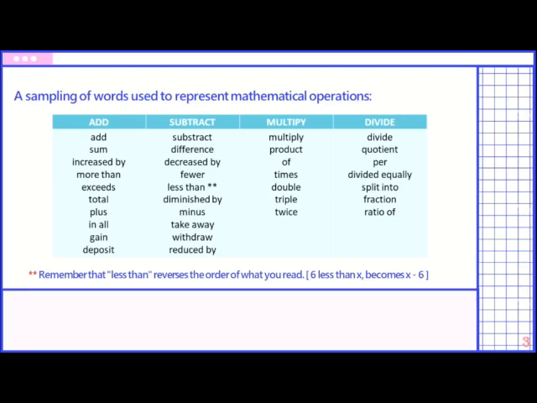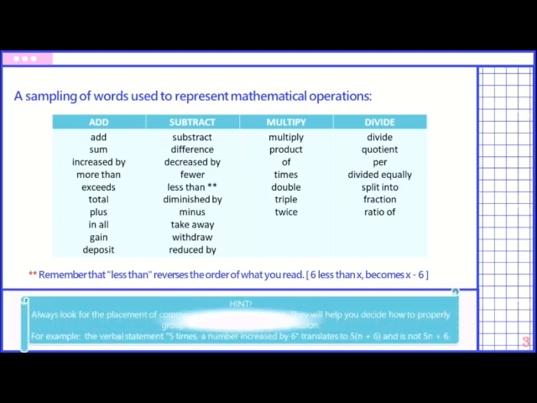Remember that less than refers to the order of what you read. Example, 6 less than x becomes x minus 6. There is a hint. Always look for the placement of commas in the verbal statement. They will help you decide how to properly group terms in your algebraic expression.